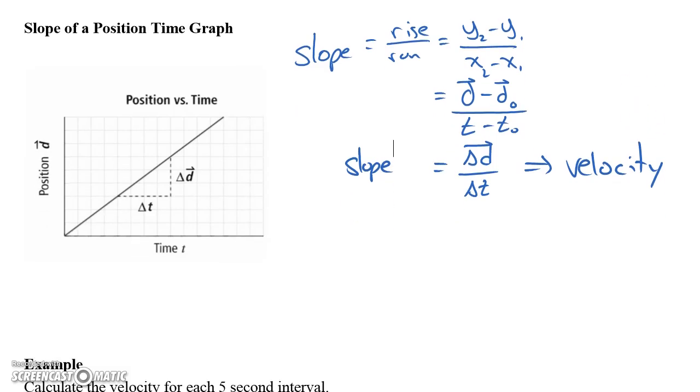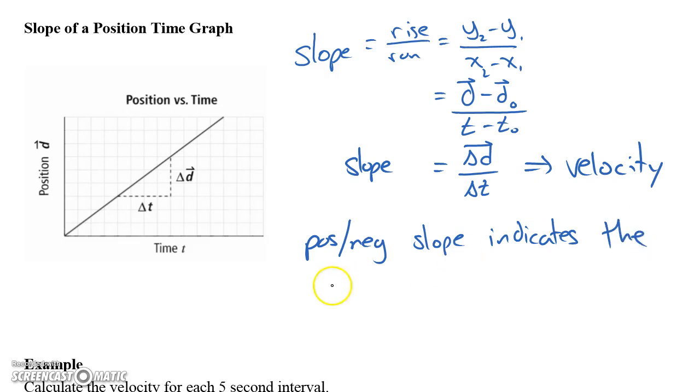Now there's some interesting points here that we need to be aware of. If we have a positive or negative slope, depending on which one you have, it indicates the direction the object is moving.